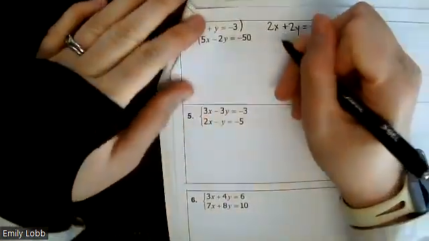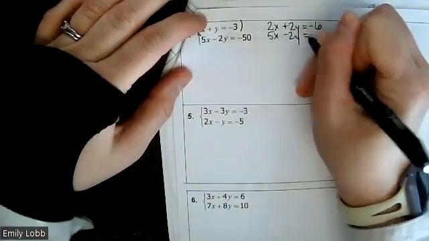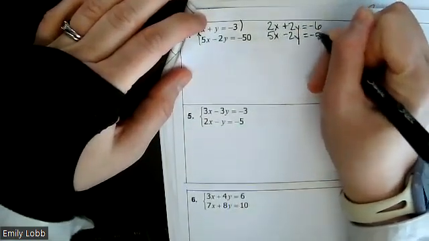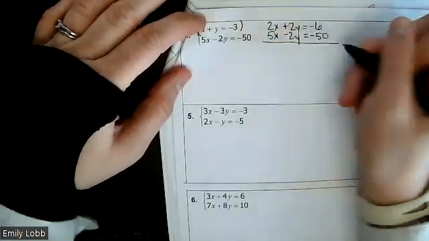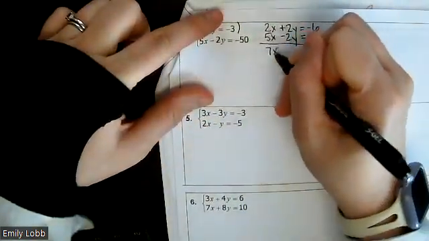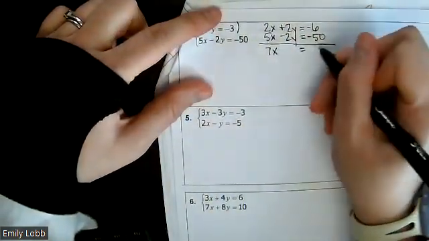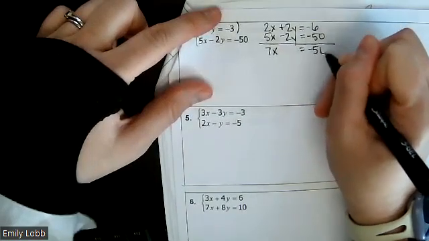And then I'm going to rewrite my bottom equation, 5x minus 2y. That way things are nice and aligned here. So I have 7x. My y term goes goodbye. And this is -56.